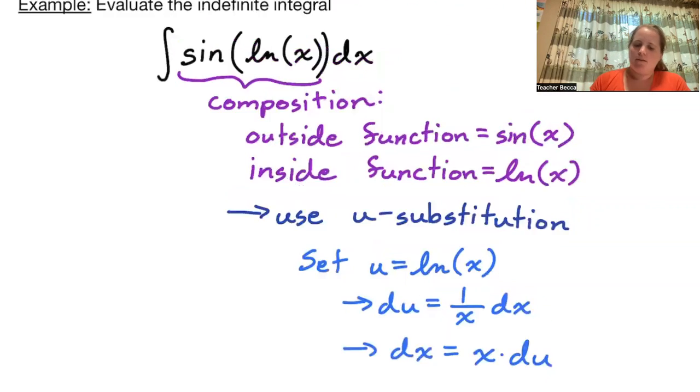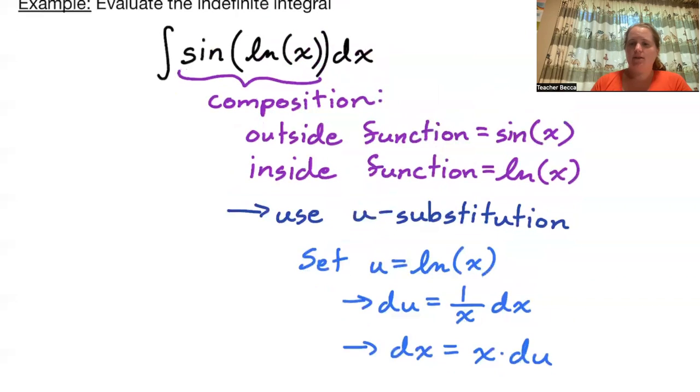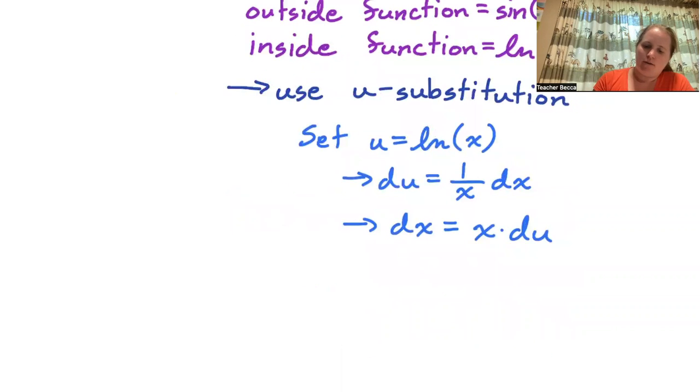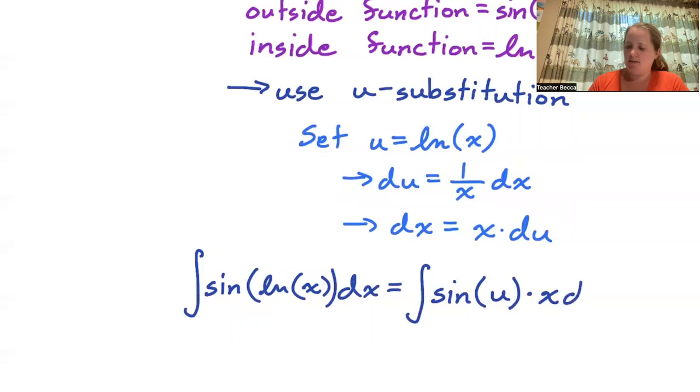Now, if we look back at the original problem, there is no 1 over x dx, so we would need to go to x du. So we have the integral of sine of natural log of x dx is equal to the integral of sine of u times x du.